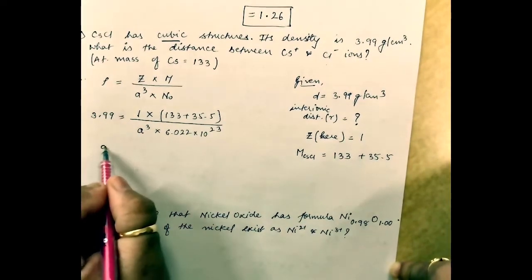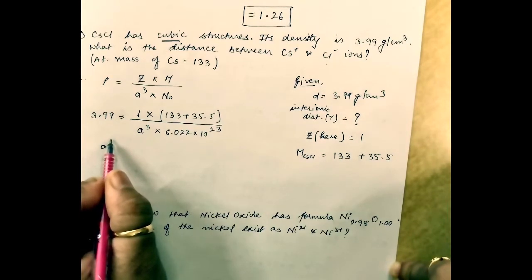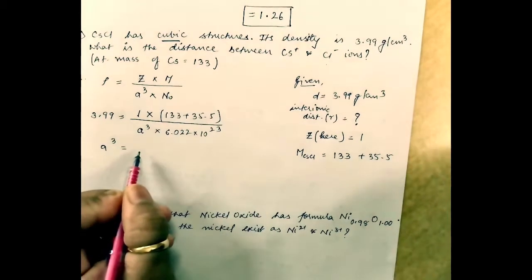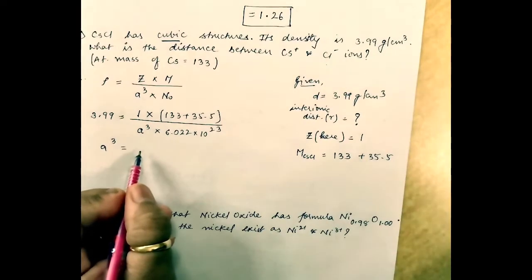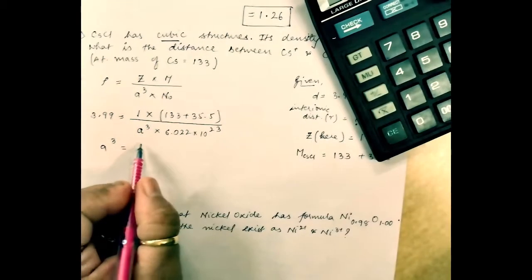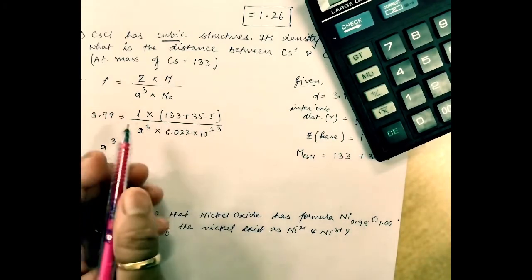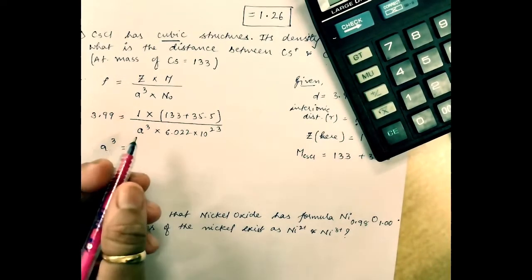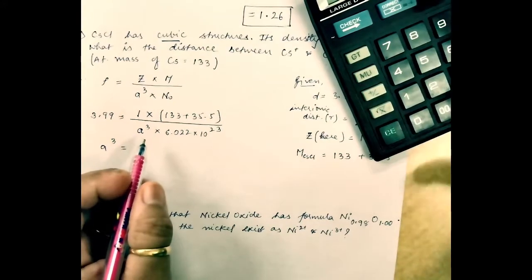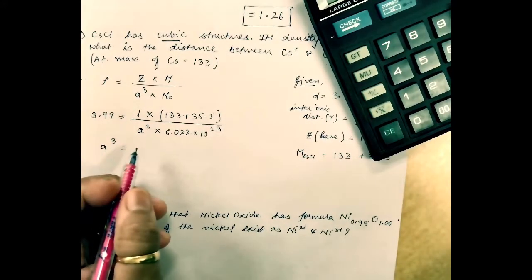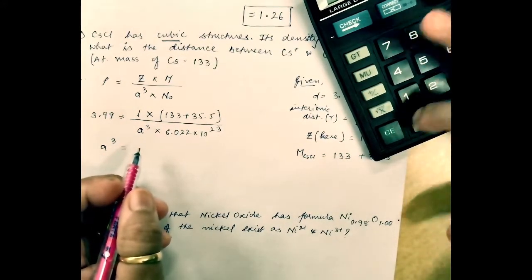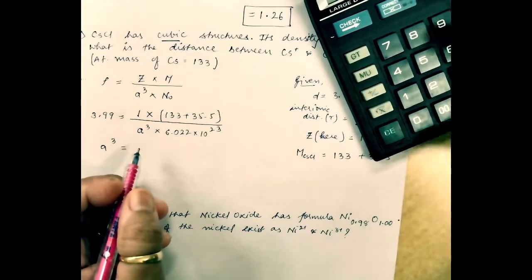Now calculating this, you will get A cube as, let me see, okay, you take A cube over here. So this is 168.5 divided by 6.022 divided by 3.99.